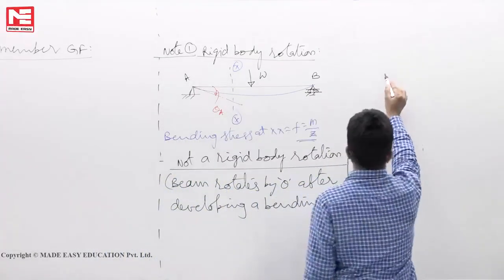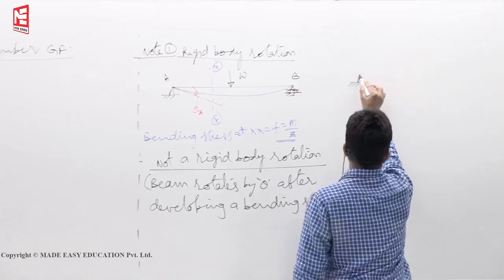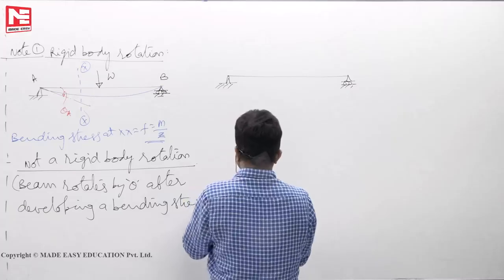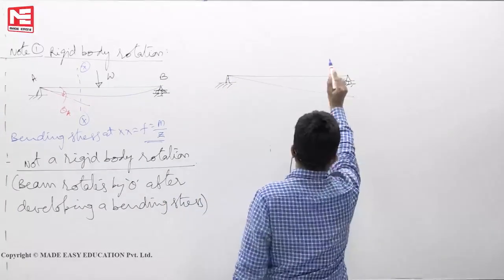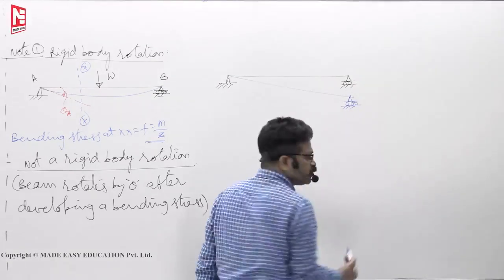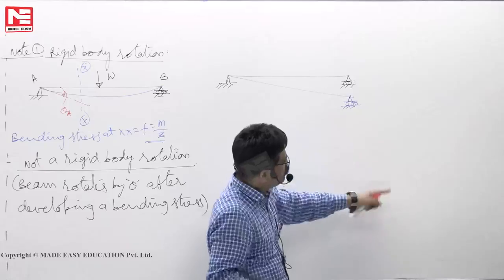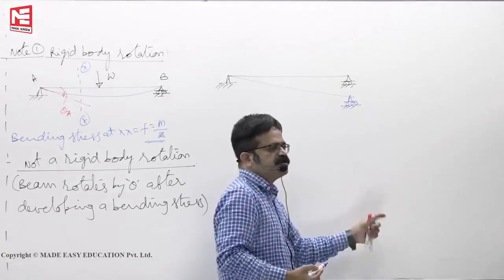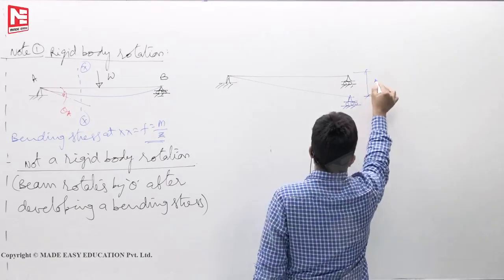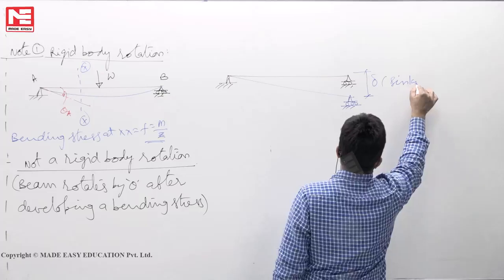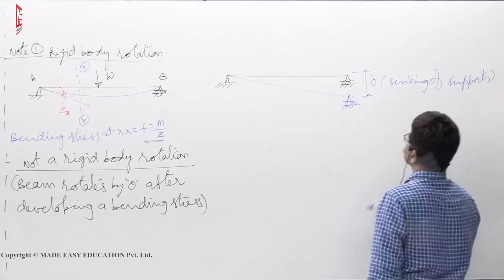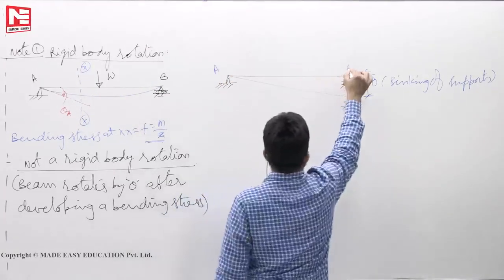Then what is rigid body rotation? Supposing that you have a simply supported beam, and due to some reason one of the supports sinks down. Load is not there, the support sinks down. Why does the support sink down? Due to some soil problem below this column, maybe liquefaction of soil has taken place. So this is the delta. This is called sinking of supports. Now you see, what is the bending stress at any location?